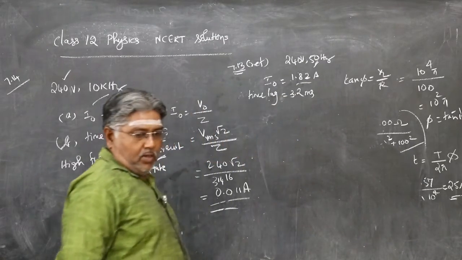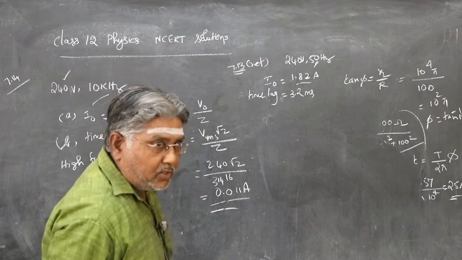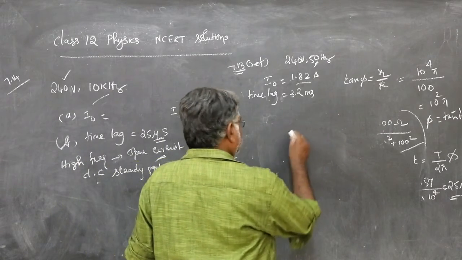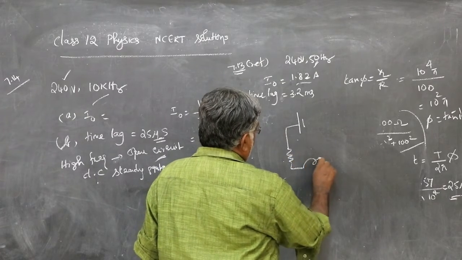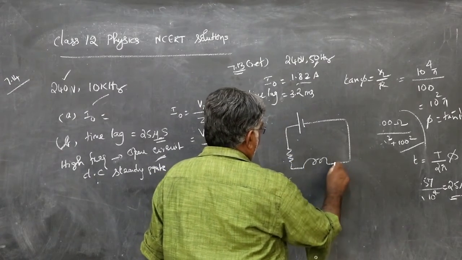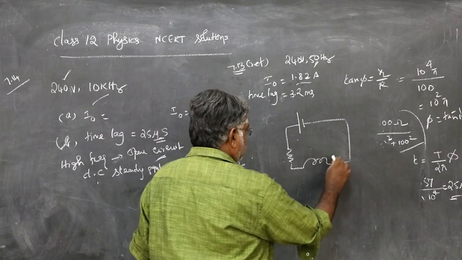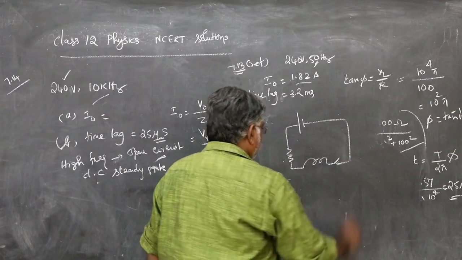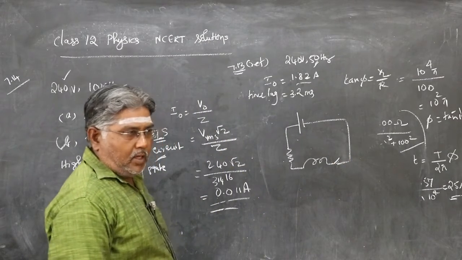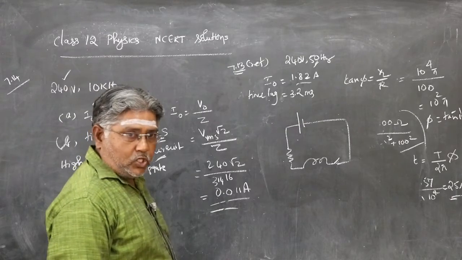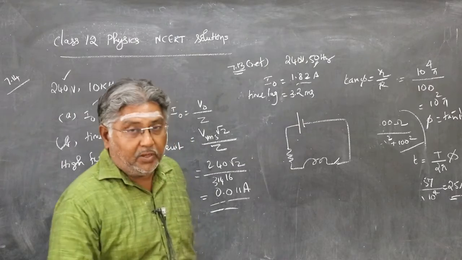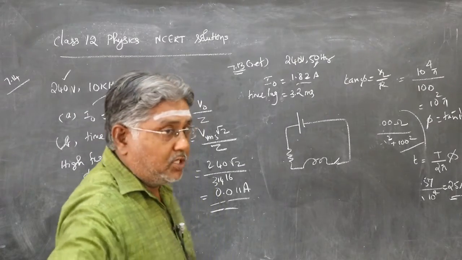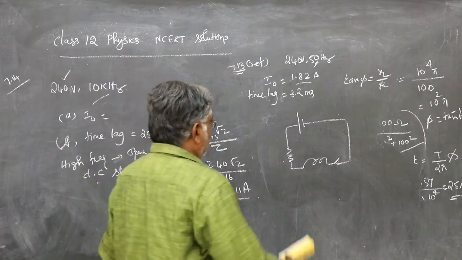Now the circuit is a DC circuit. Say resistor, inductor. As you close the switch, the current grows to a steady value, because the question mentions the steady value.